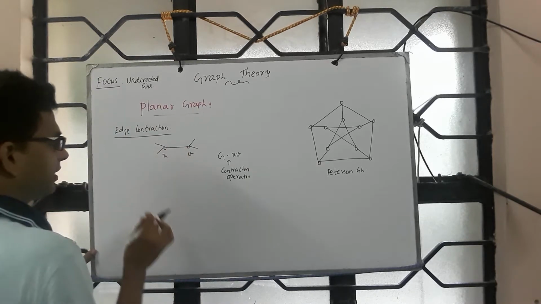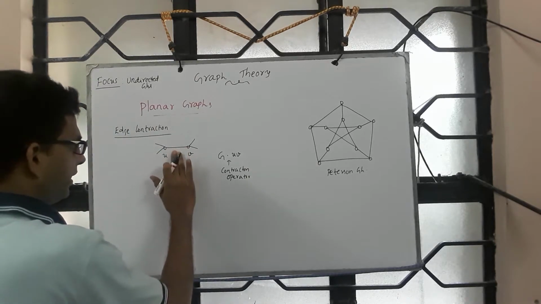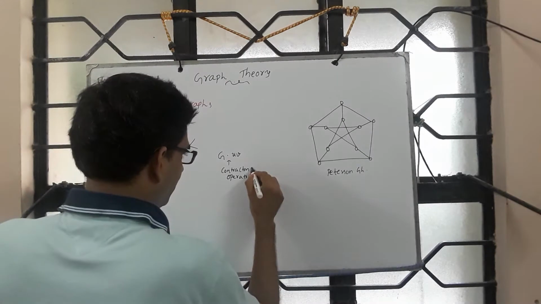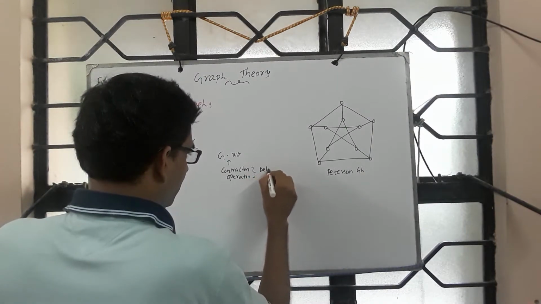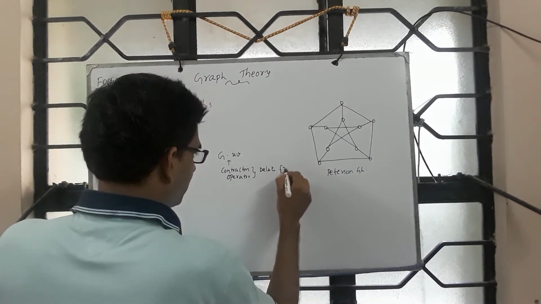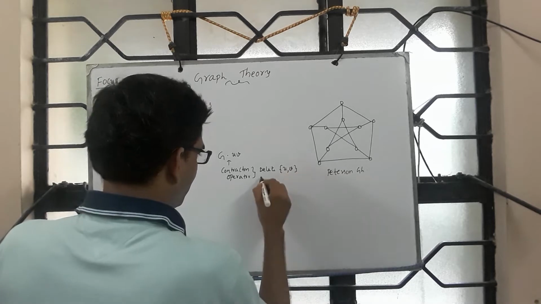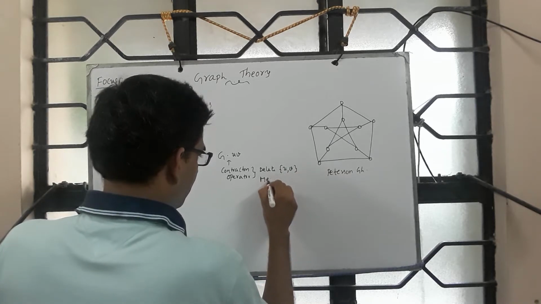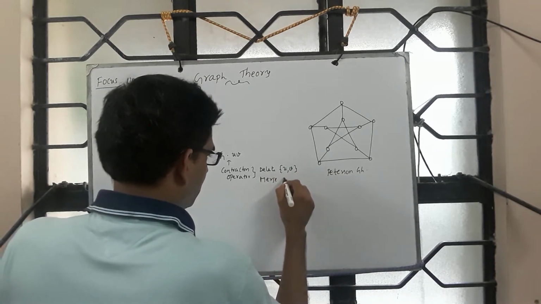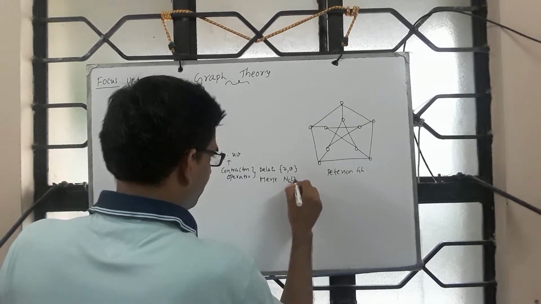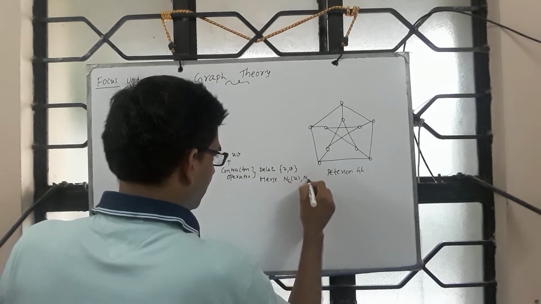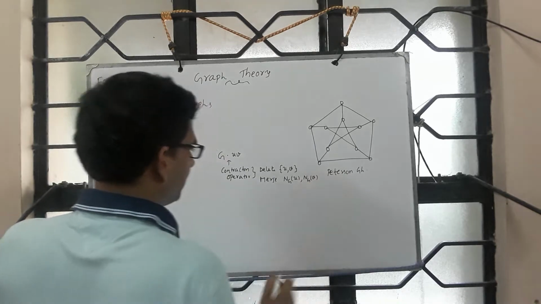By contraction we mean delete the edge UV and merge the neighborhood of U and neighborhood of V.